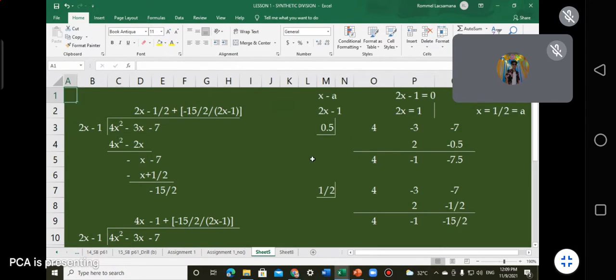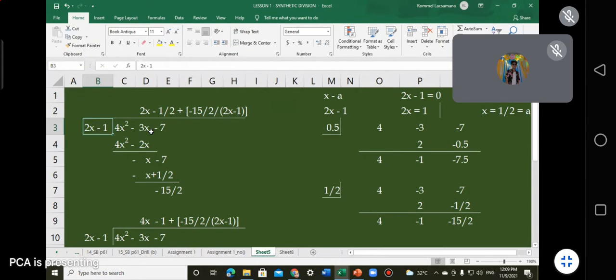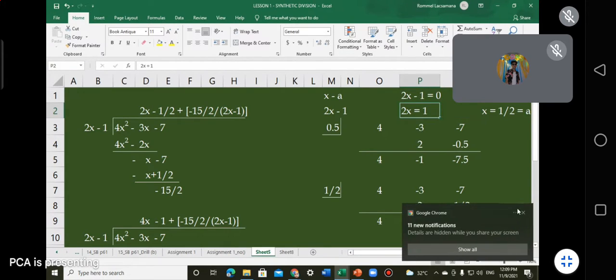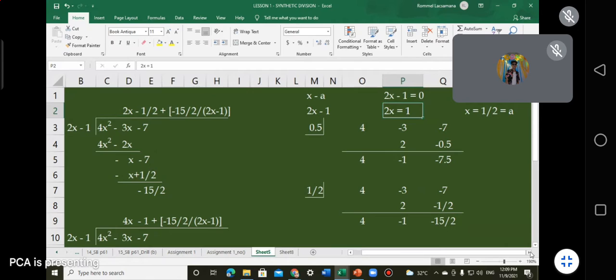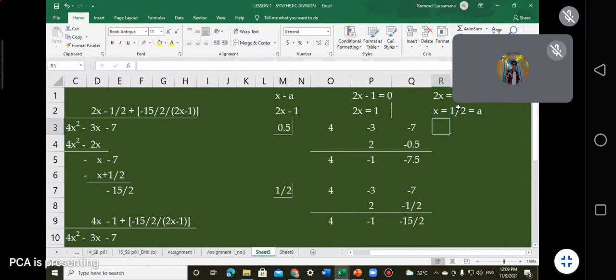If your divisor is 2x minus 1 for this polynomial, then your a should be what? Equate 2x minus 1 of the divisor to 0, then transpose negative 1, it becomes 1. Both sides divided by 2, and then your x is 1 half. And your x is the value for your a.